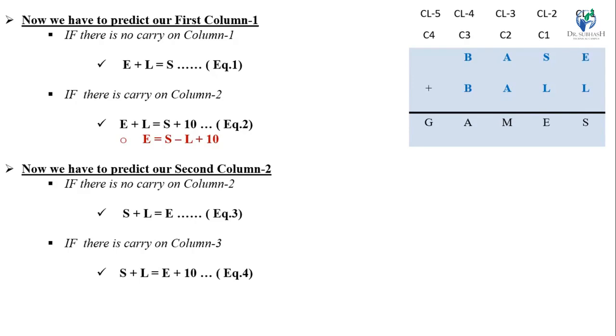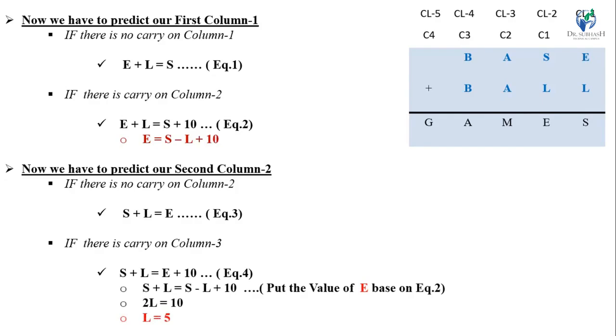Consider this equation 4. Now we put in the value of E, which we found with the help of equation 2. So S plus L is equal to S minus L plus 10. So we can write 2L is equal to 10, and we find the value of L is equal to 5 and put it on the problem.